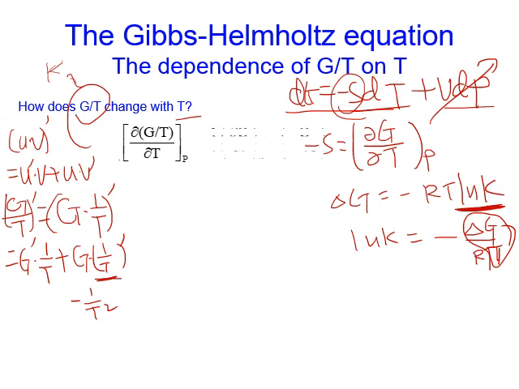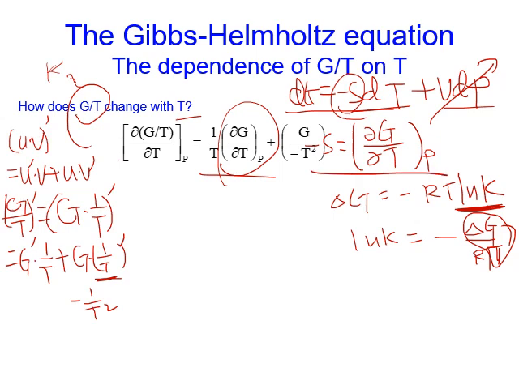Therefore this derivative is 1 over T times the partial derivative of G over T, plus negative G over T squared. The Gibbs energy change with temperature at constant pressure is negative entropy, so we get negative entropy over T minus G over T squared.